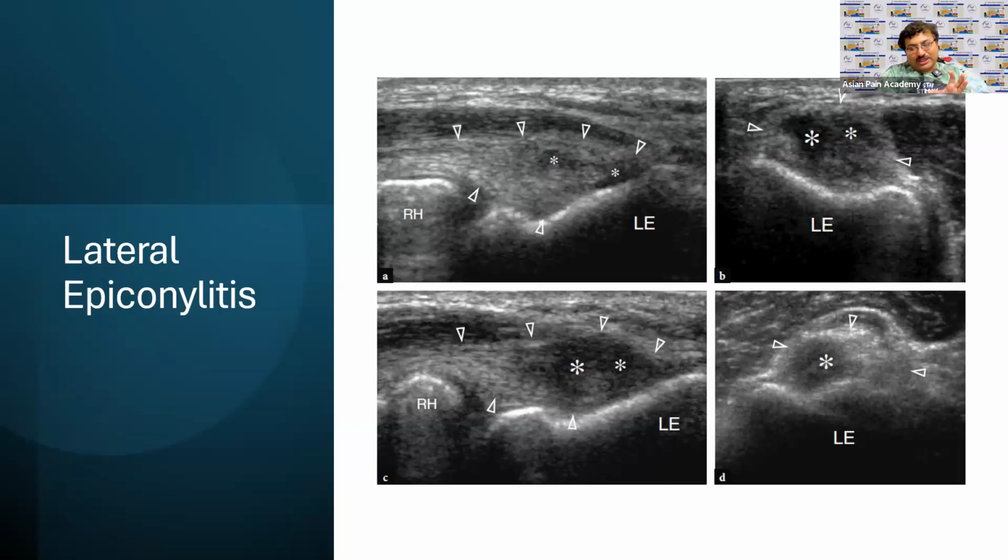Then you try to see from a different angle, going closer to the wrist. The third way is checking the same structure at a 90-degree angle. That means if you are in a long axis view, go to the short axis view. In the short axis view also you will be able to see those changes. That signifies that here is the problem.